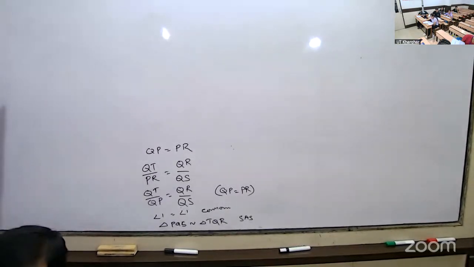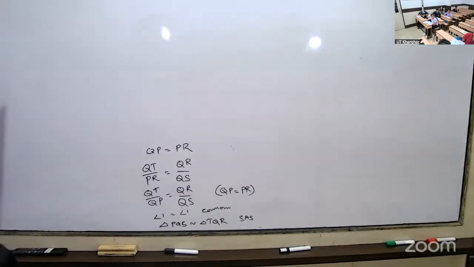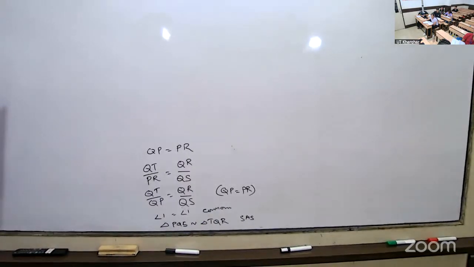Now, before going to that one, do you know what is altitude? Median, angle bisector, perpendicular bisector. Yes. Altitude, you know. What is altitude? Height.